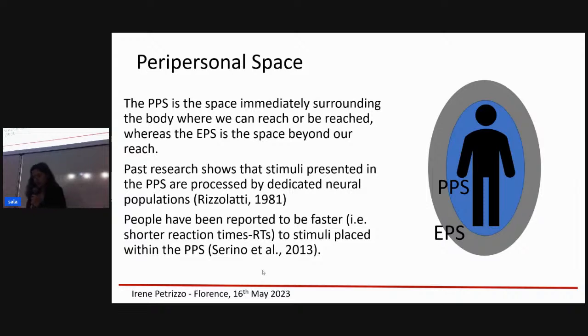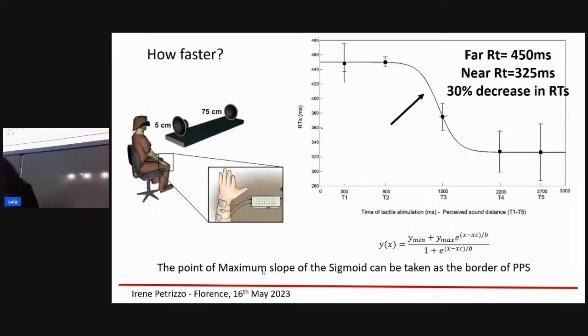And these can be measured in humans because humans are faster at reacting to stimuli that are in the peripersonal space. How faster is faster? So the way that the peripersonal space in humans is usually measured is with this task that is an audio-tactile task. The participant is placed in a room and has an array of speakers in front, one in the peripersonal space, one in the extrapersonal space.